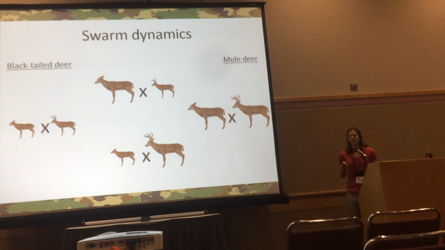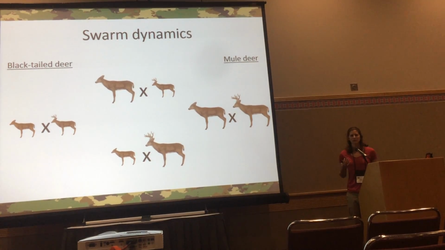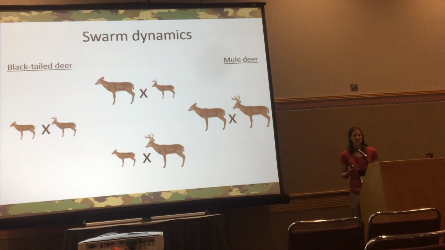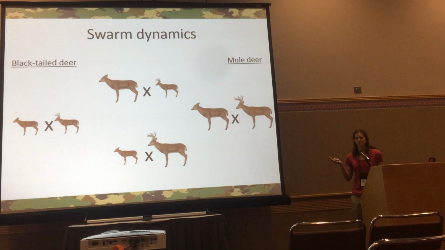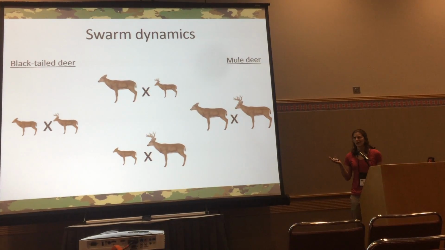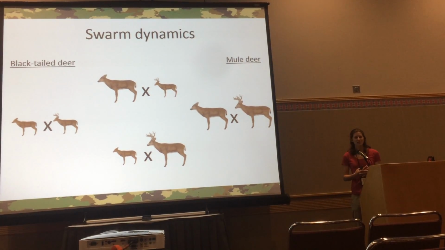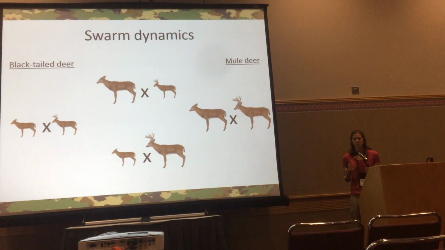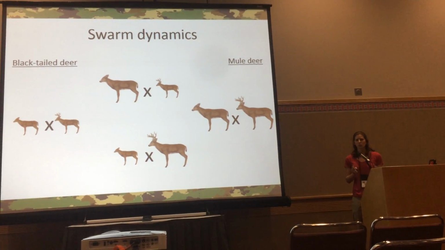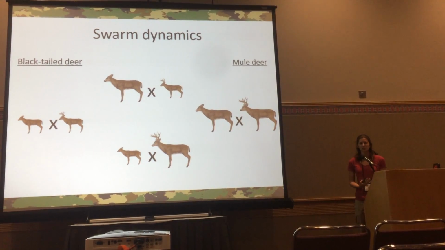So why would a buck mate with a doe of a different subspecies when he could just travel and find one of his own lineage? But then, if there is no reproductive isolation and they are just interbreeding, why do we still have this hybrid swarm? Why don't we have complete lineage fusion?